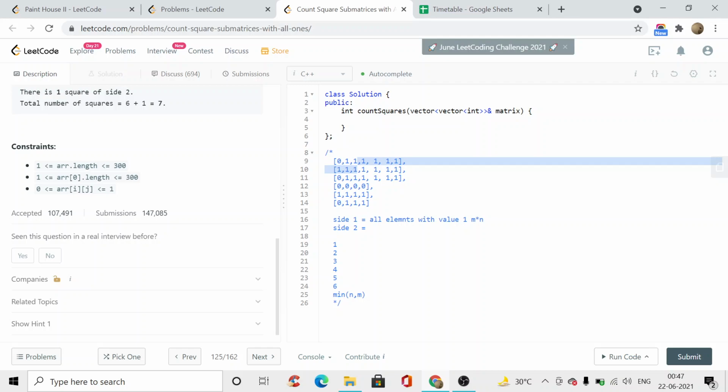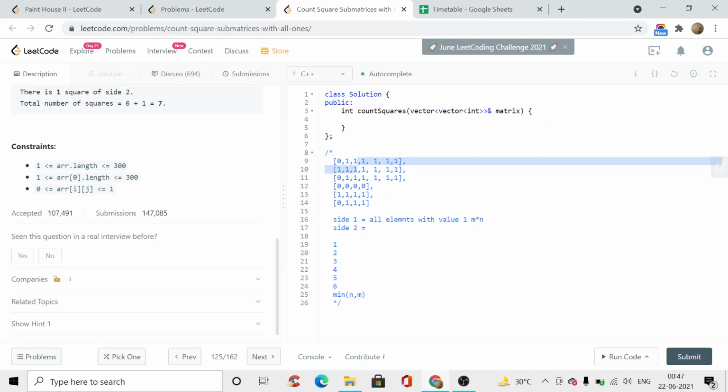We can make something like storing the sum of each. Yeah, we can do that because we know only ones are present in this matrix. So if we find the sum of this square, it will always be some certain number, not any random number.